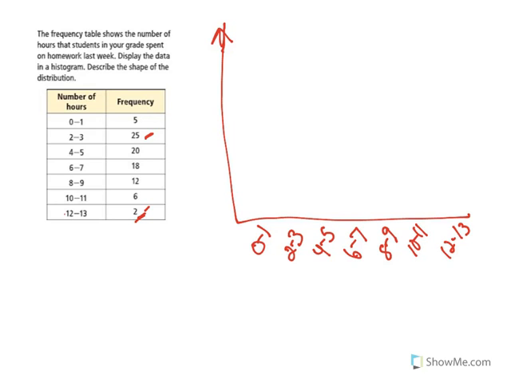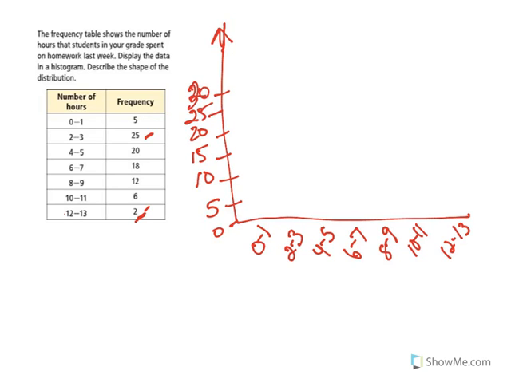So going up by 5s is the easiest. You won't always go up by 5s. This should really be 5, because this is 0. And then let's add a 30 for good measure.